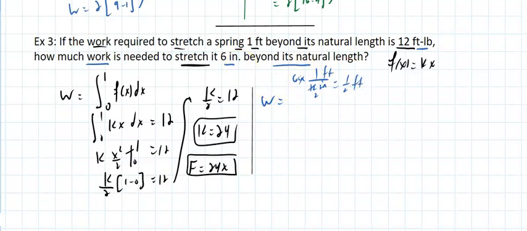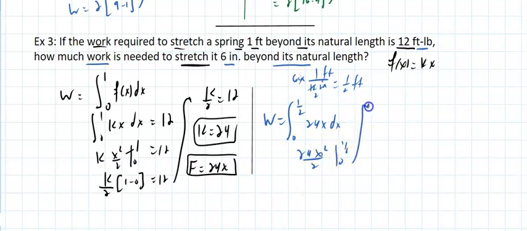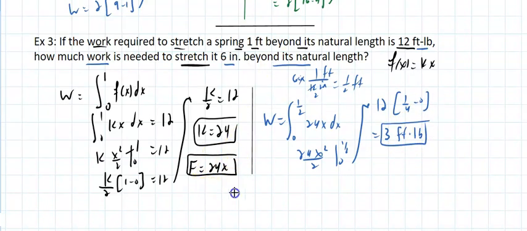So you're trying to figure out how much work is needed in stretching the spring from 0 to a half, and we know it's 24x dx. That would be 24x squared over 2. That would be 12 times 1/4 minus 0. That would be 3 foot-pounds. And this is where we're going to stop.